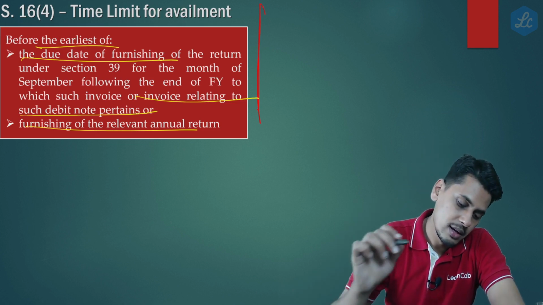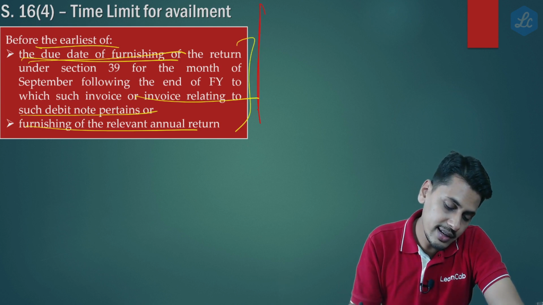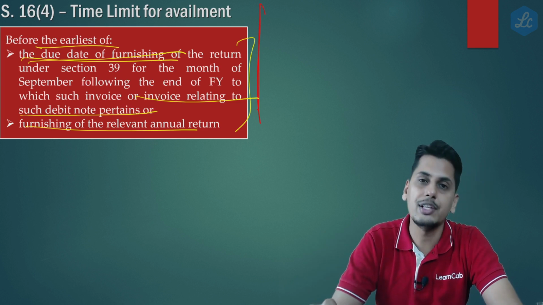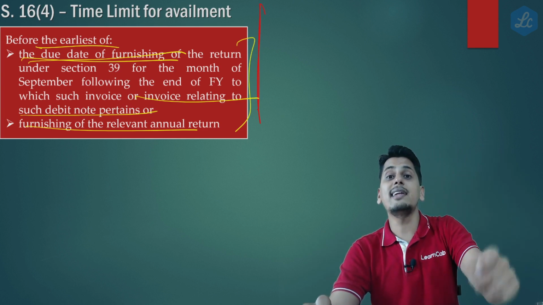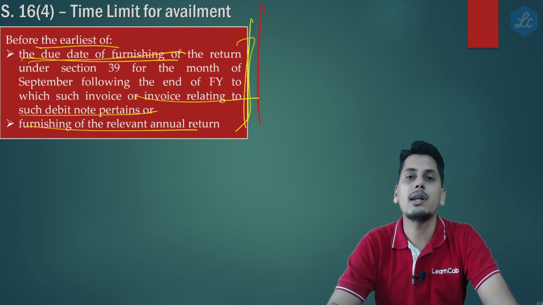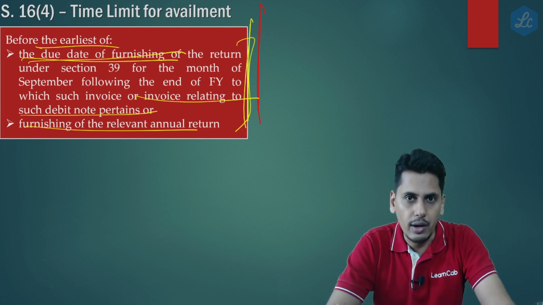Now friends, if you look carefully here, the due date of furnishing the return under section 39 for the month of September following the end of the financial year, to which such invoice pertains or invoice relating to debit note pertains. So friends, here the last date for availing input tax credit was linked to the date of invoice.